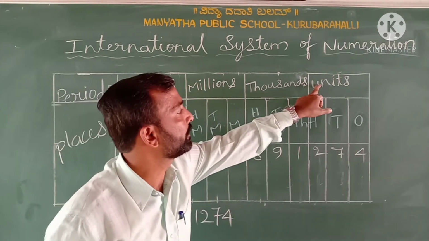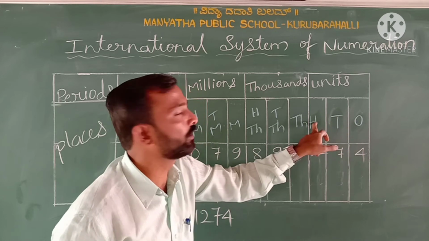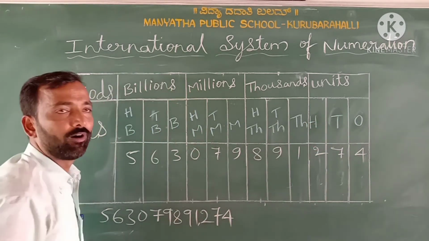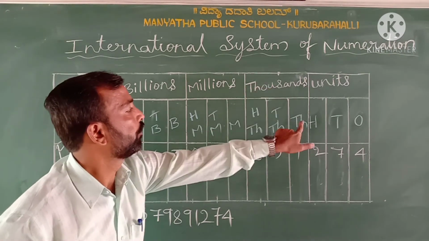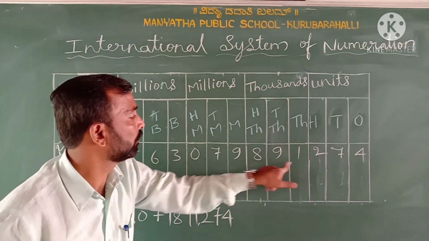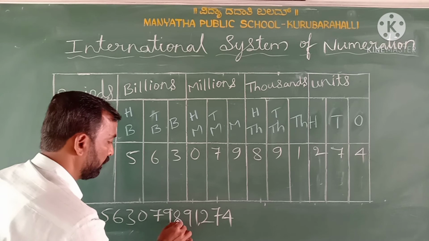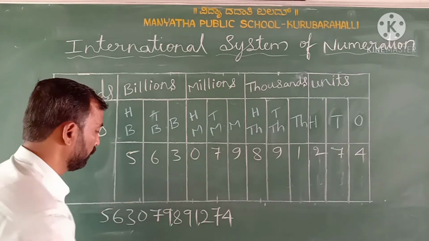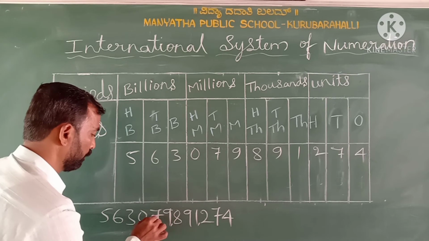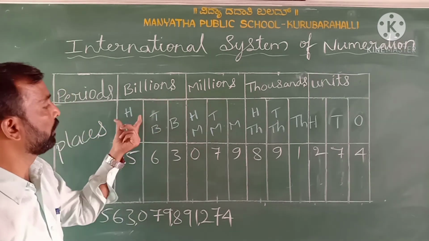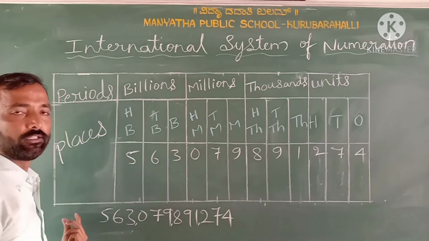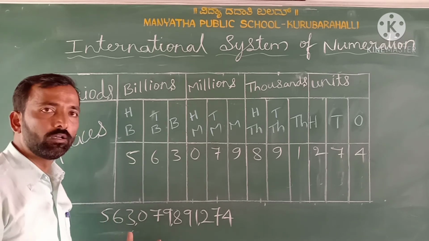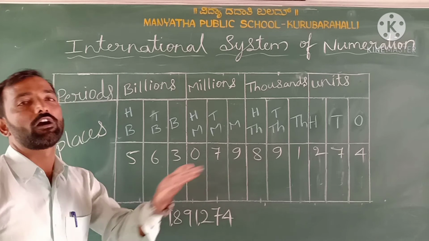Units: 1, 2, 3. Comma. Next, thousands: 1, 2, 3. Again, millions: 1, 2, 3. Next, billions: 1, 2, 3. There is no need to put a comma after the last period. Here, this is the system of putting a comma.